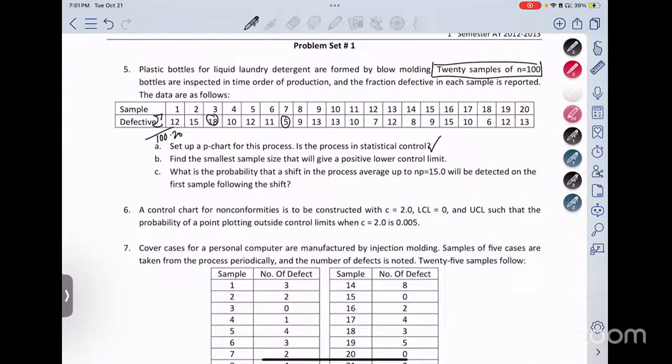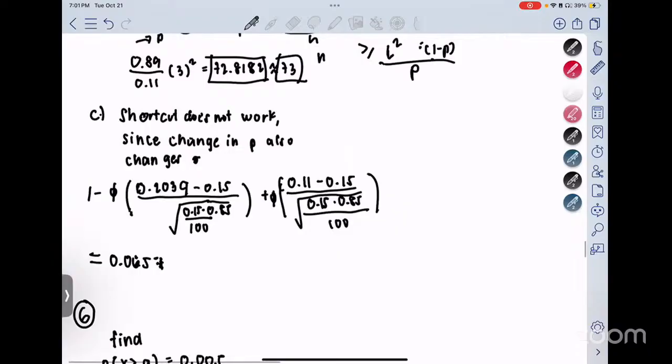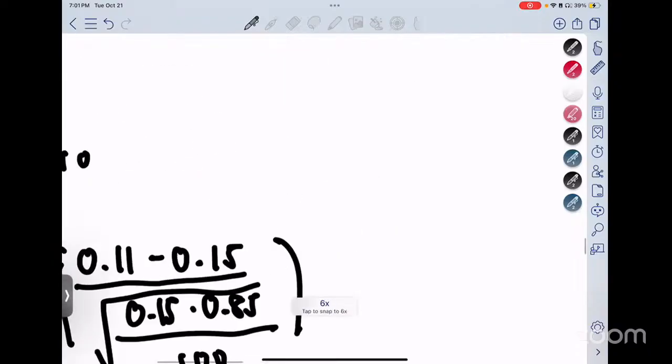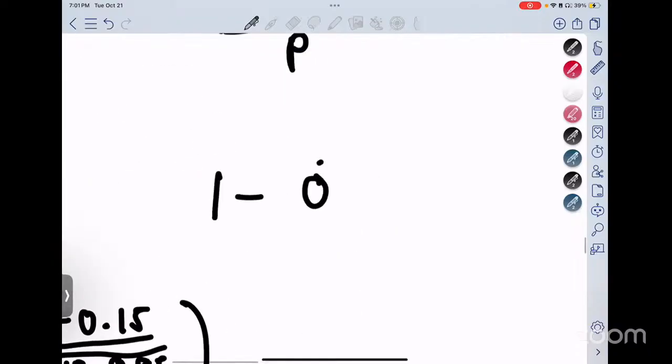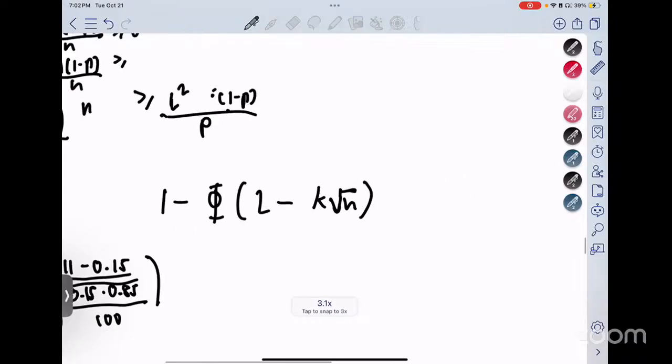Yeah, just for B. Of course, 5c. What is the probability that a shift in the process will average up to np equals 15 will be detected on the first sample following the shift? This is where it's tricky because you can't just use the direct substitution, yung shortcutted na formula, 1 minus Gaussian of L minus k square root of n, minus Gaussian. You cannot use this one.